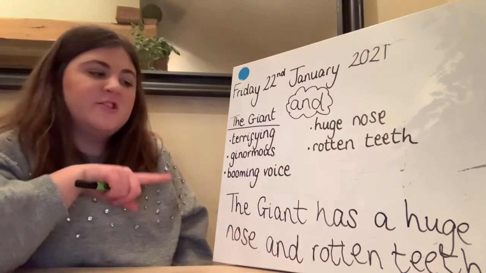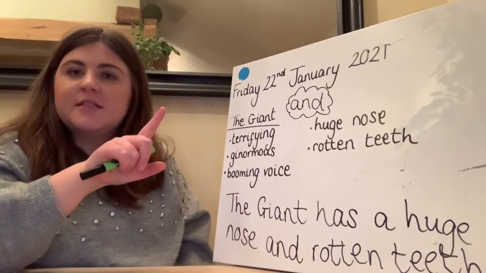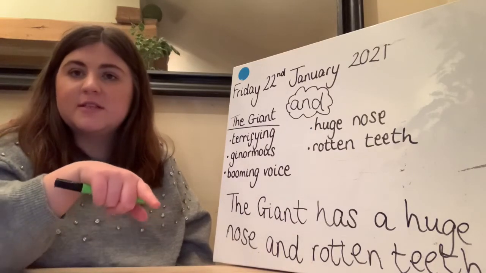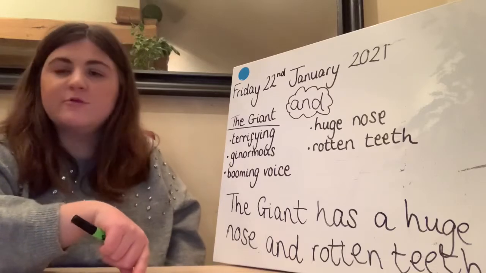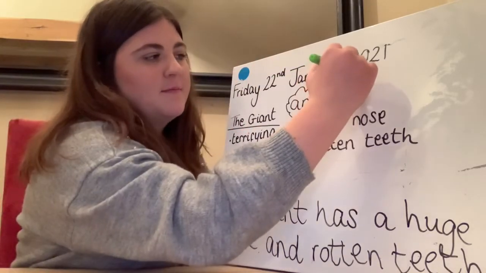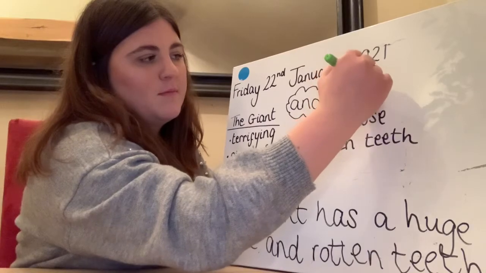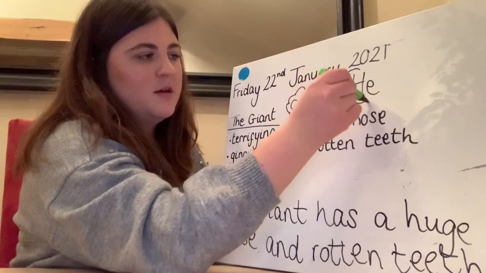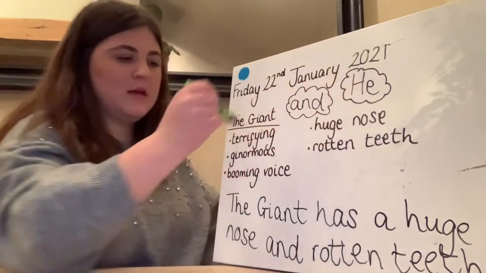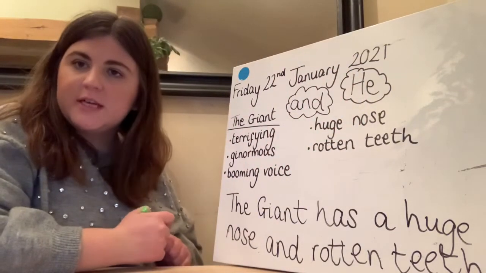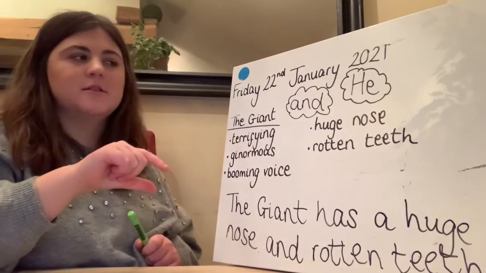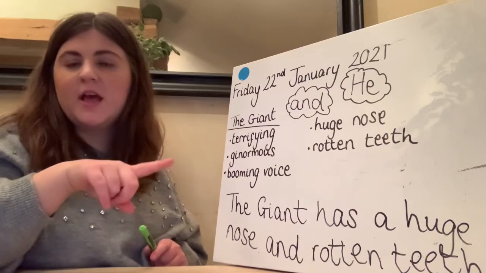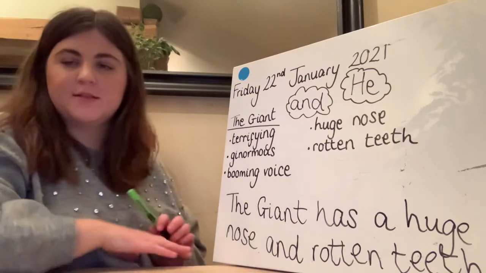If we're going to write the giant for our first sentence, anybody who reads the rest of our sentences will know who we're talking about if we use the word he. So we could write, the giant has a huge nose and rotten teeth. And then your next sentence could be, he is terrifying and ginormous.